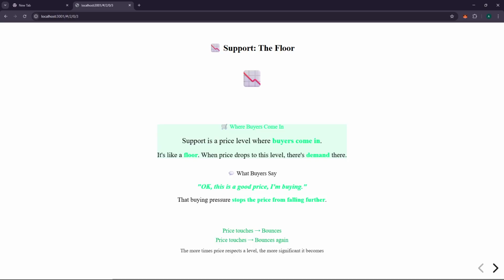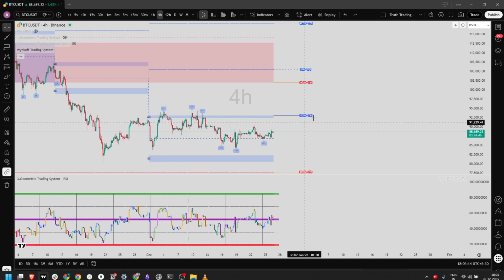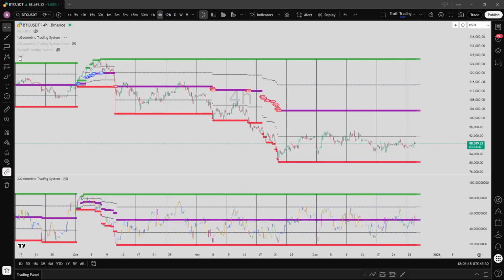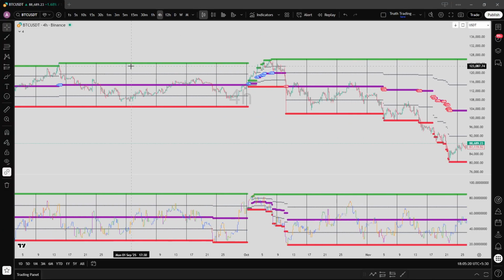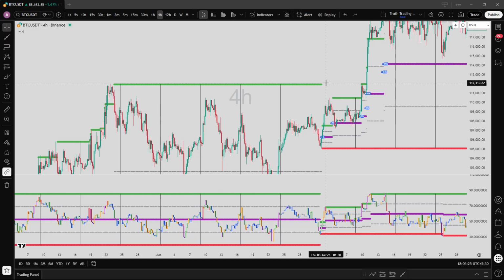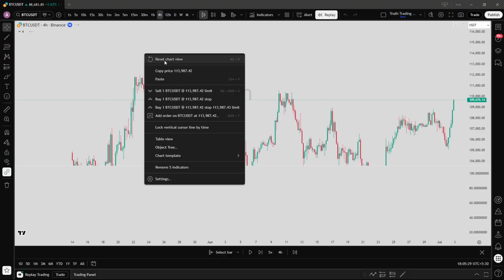Price touches, bounces again. The more times price respects a level, the more significant it becomes. Let me show you this example here on the structure. Here we're talking about support. As I told you, we're going to be talking about forward testing.